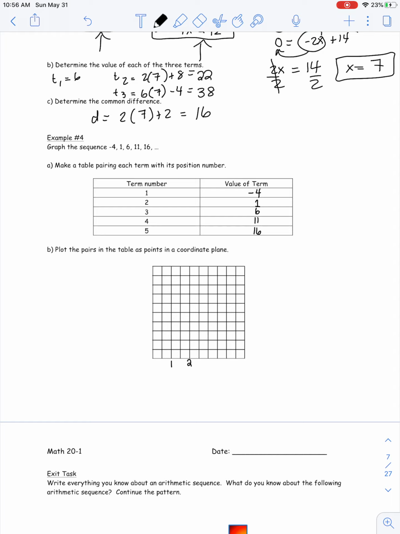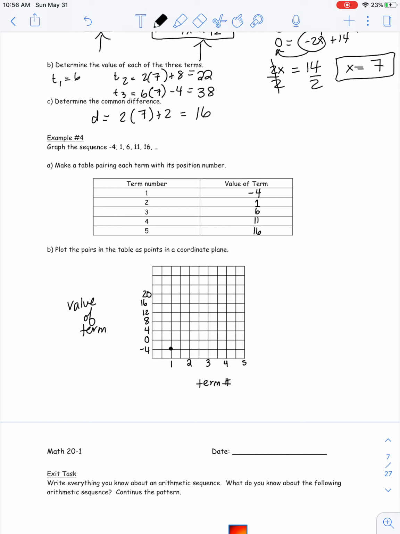So we'll start with terms going at the bottom. So this will be our term number versus our value of the term will be our y's. So we'll go from negative 4, 0, positive 4, 8, 12, 16, and up to 20.